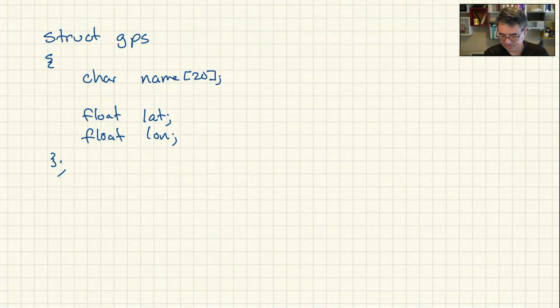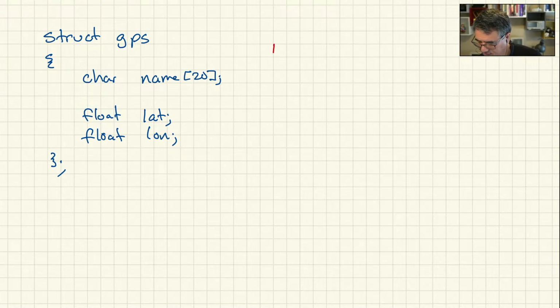So here's our picture. We have our struct GPS, and we got name with the 20 in there, and we got latitude and longitude. When the compiler or the computer needs to lay out the memory for this structure, it's really just going to lay out the fields back to back. Remember, it doesn't lay it out in a two-dimensional grid. It just lays them out in memory, because memory is just a one-dimensional array of memory locations.